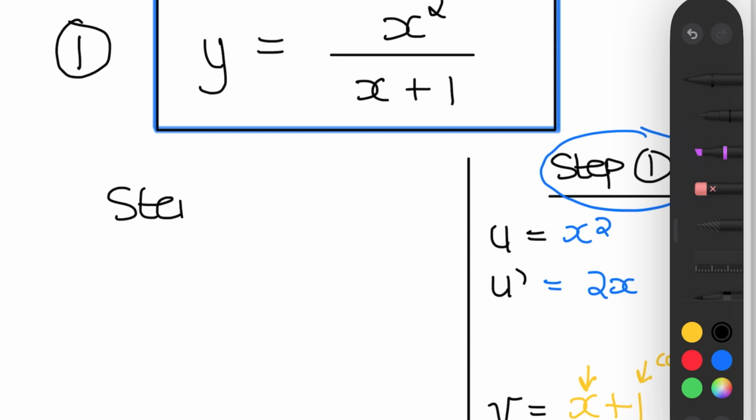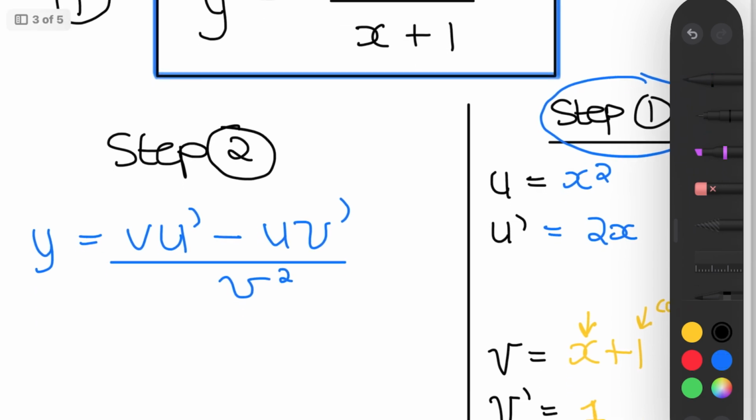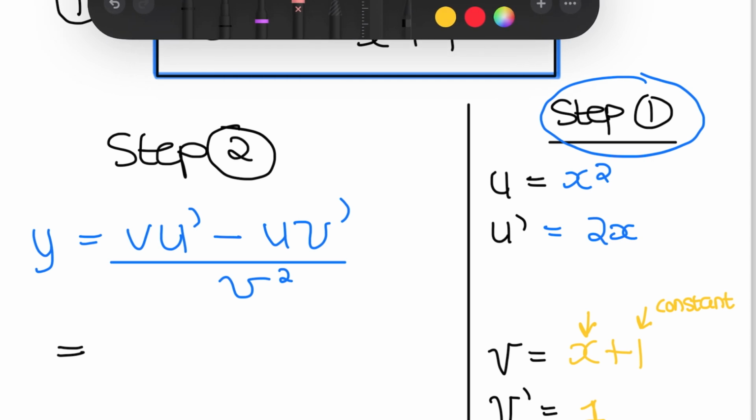And now, step 2. We're simply going to plug our values into the formula that I had shown earlier. In this case, we're going to get y prime is equal to v u prime minus u v prime, all divided by v squared. So in this scenario, my v is simply equal to x plus 1.